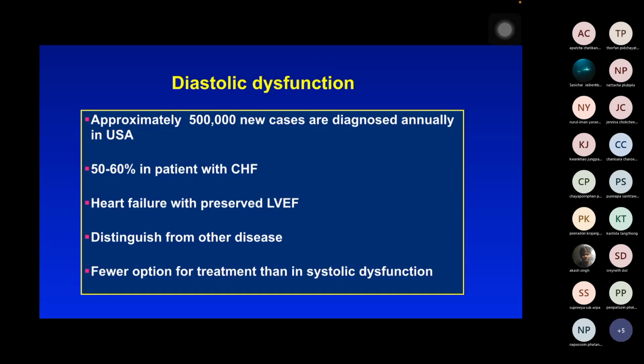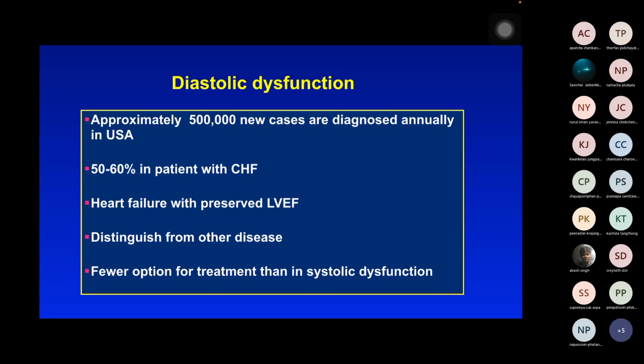Okay, why do we have to learn about the diastolic function? You know, in the United States of America, we see patients who come with heart failure. Heart failure is divided into systolic heart failure and diastolic heart failure.